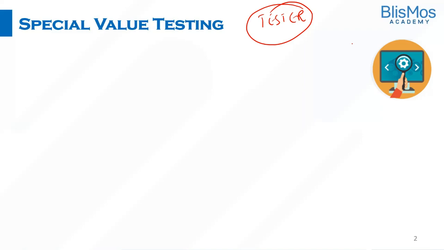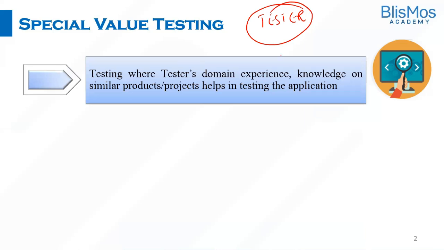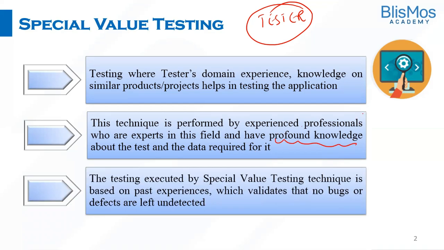In that case, we can have special value testing done. Based on the tester's experience, he would be able to design the test cases. This technique is only applicable wherever the tester has a good amount of knowledge of an application or a system. So special value testing is purely based on past experience.